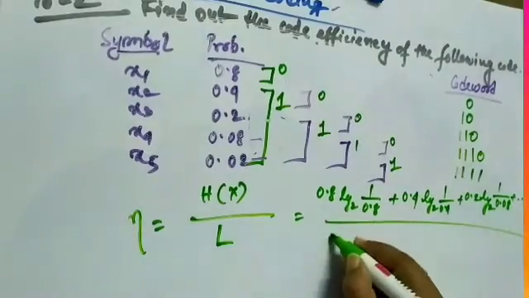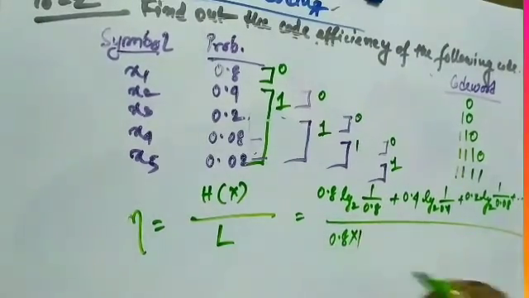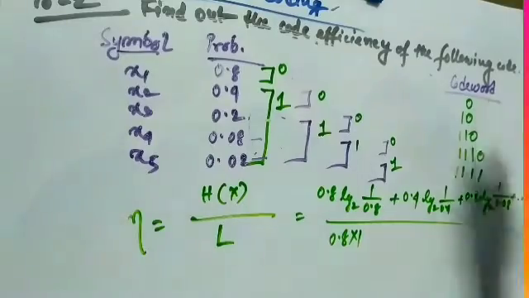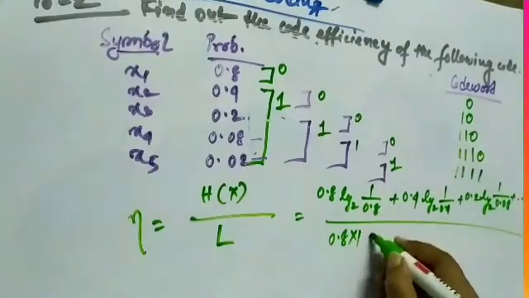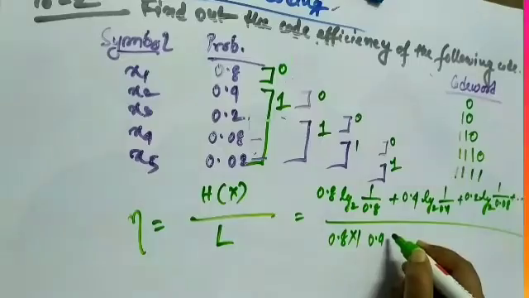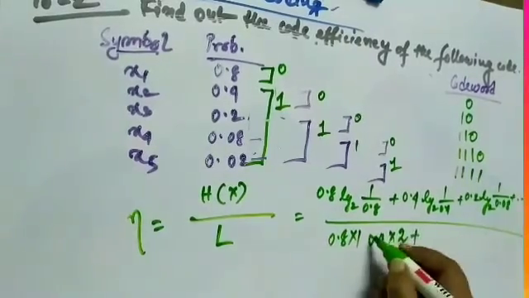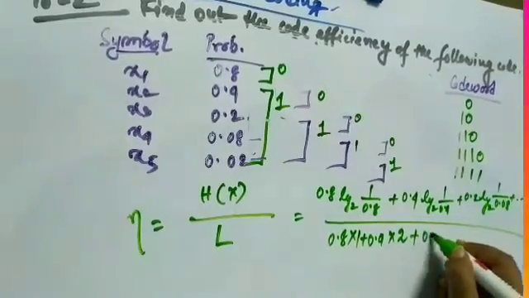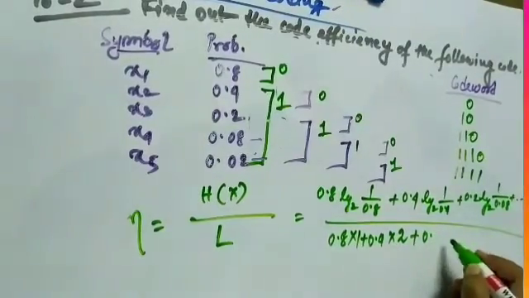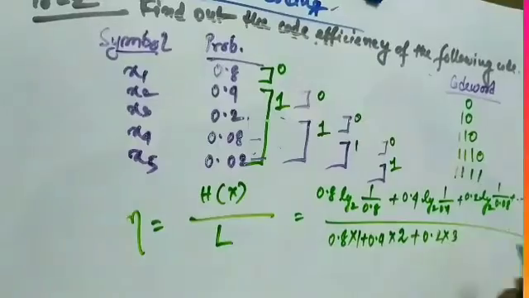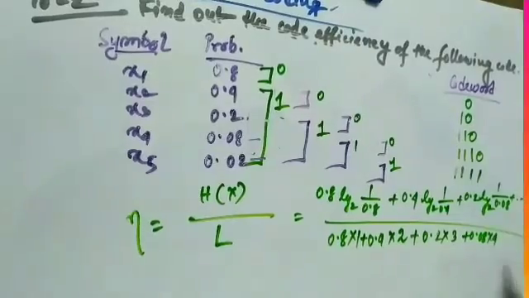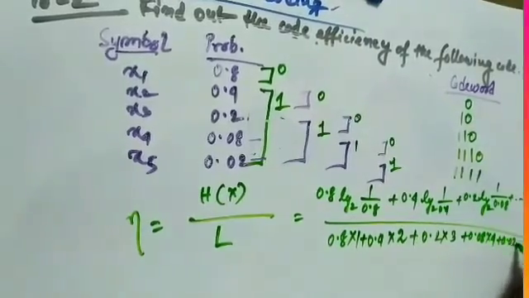The denominator L value will be the sum of pi into ni, that means 0.8 into 1, because this code word contains 1 bit. Second will be 0.4 into 2 plus 0.2 into 3 plus 0.08 into 4 and 0.02 into 4.